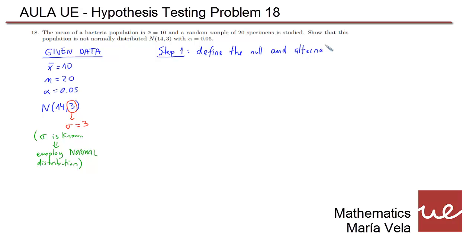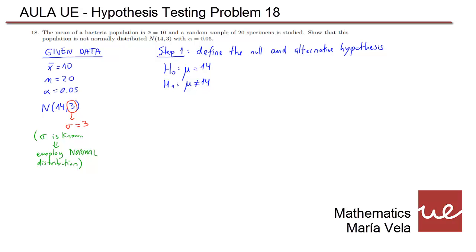So we want to test if our mean is going to be equal to 14 or different from 14. So the null hypothesis is going to be mu equals 14. Recall that the null hypothesis always contains the equal sign. And the alternative one is going to be mu different from 14.